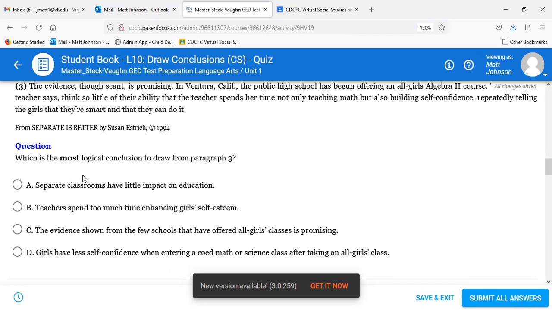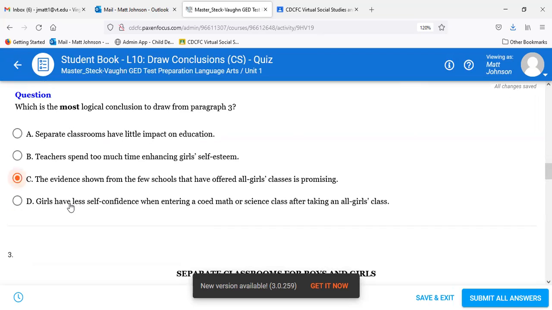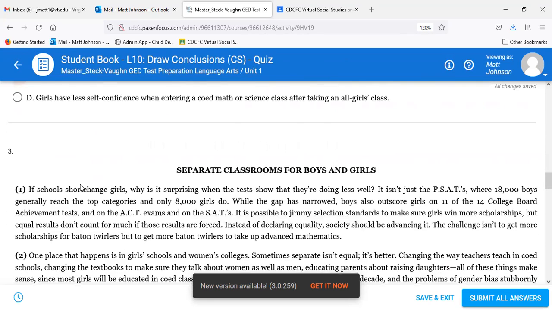What conclusion can we draw from that final paragraph? We're actually C. Yeah, there you go. So the evidence shown from the few schools that have offered all girls classes is promising. It's limited, as she says, but what we're seeing is some promise in that area. So C for number 2.